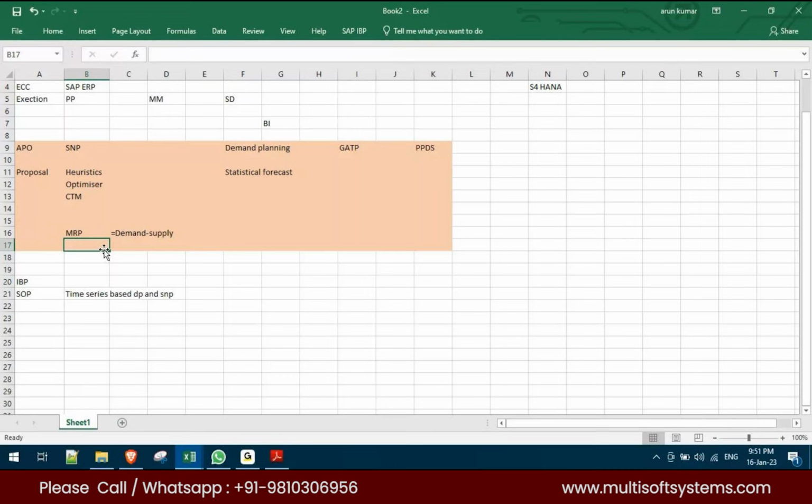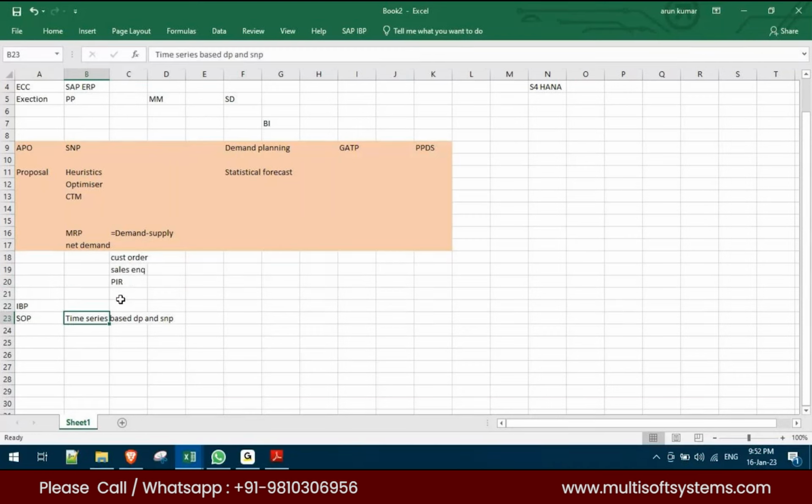The demand elements can be a customer order, a sales inquiry, and a lot of things, or planned independent requirements, or a forecast.